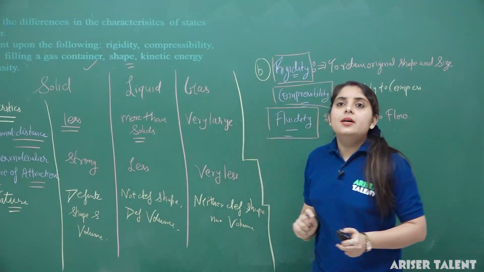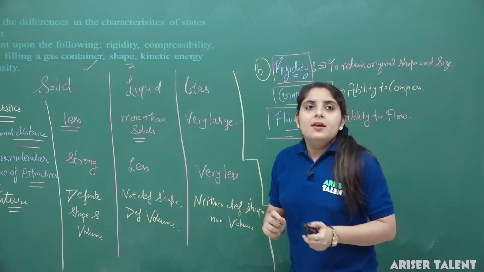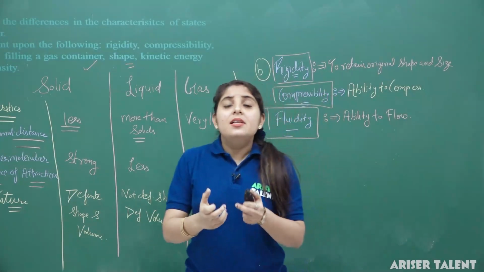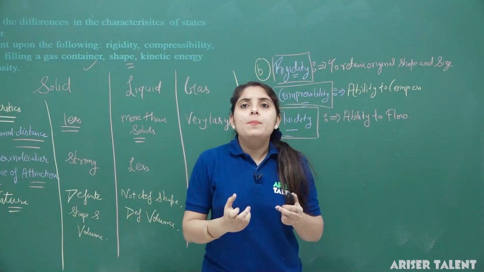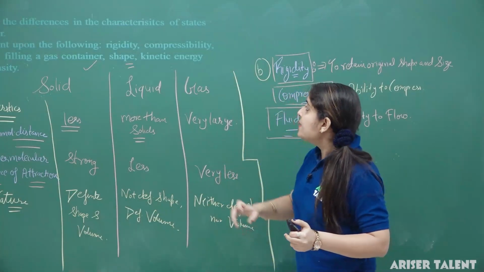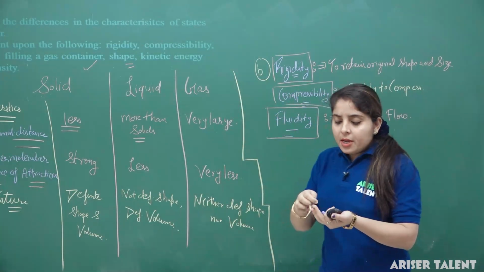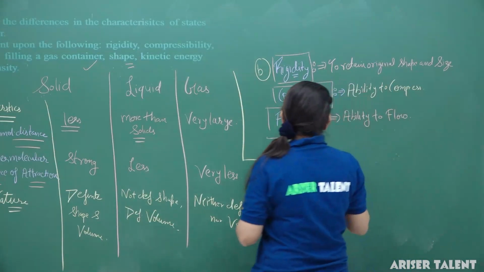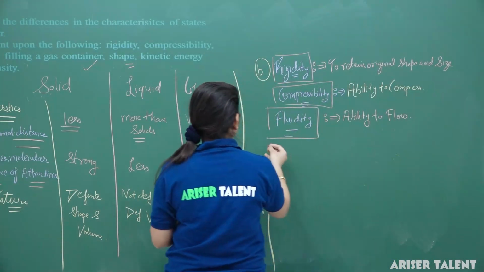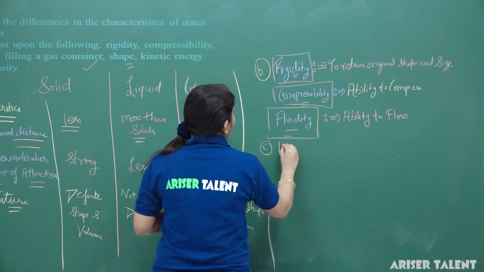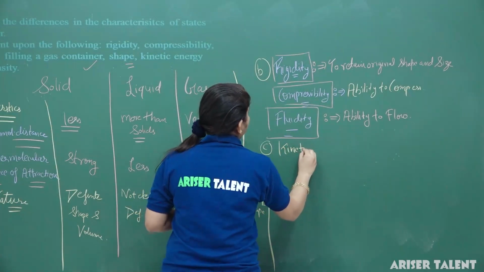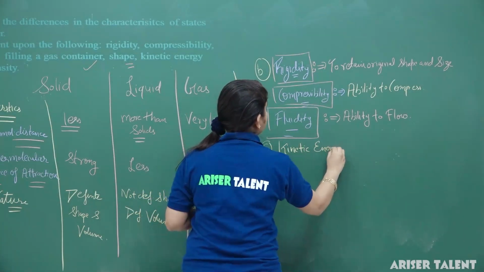Next we have a term, that is kinetic energy. Kinetic energy of a particle is due to the motion of the particles in three-dimensional space. So kinetic energy is the energy possessed by the body due to its motion. So what is kinetic energy?